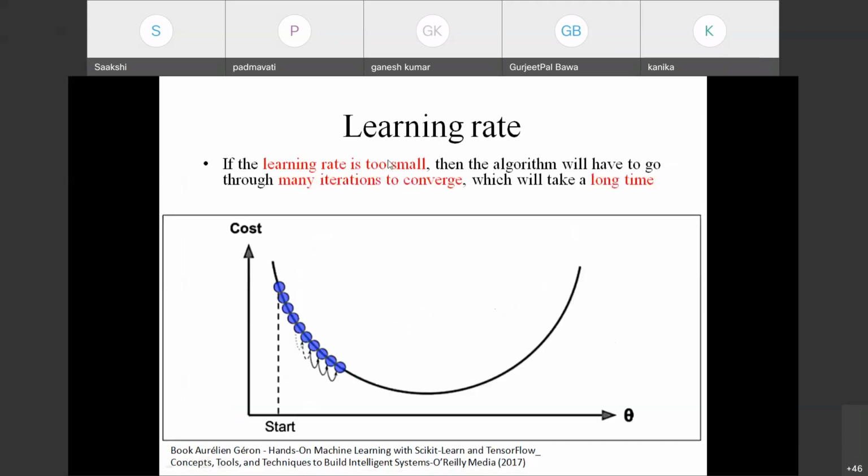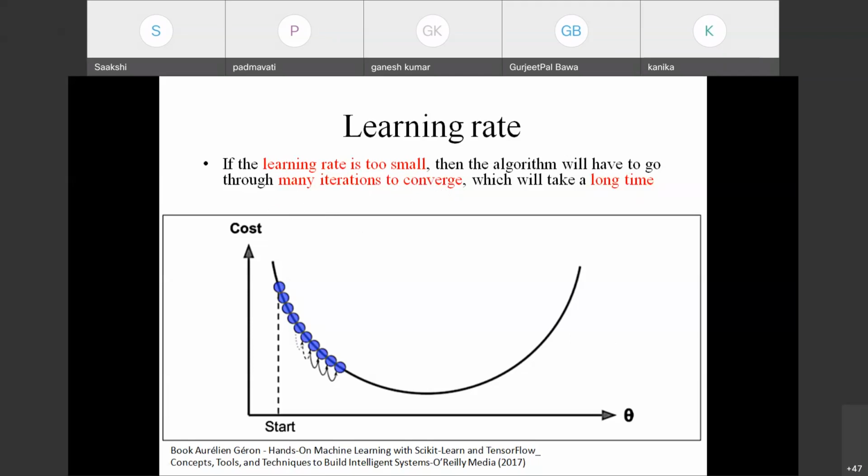See, if the learning rate is too small, then the algorithm will have to go through a very large number of iterations to converge. Convergence, a term we have already seen, means we reach the desired output.